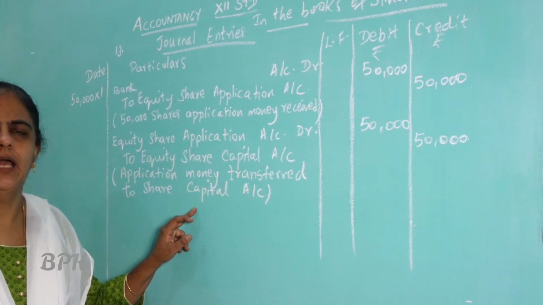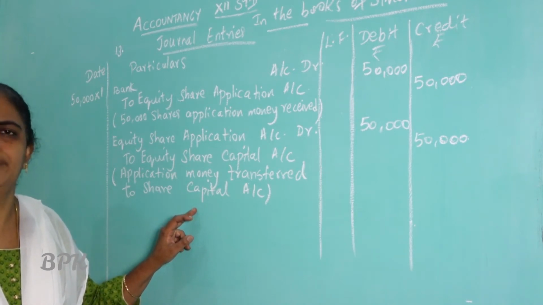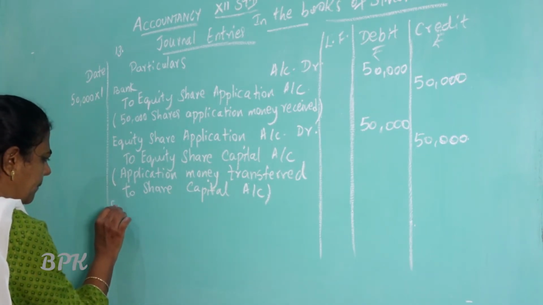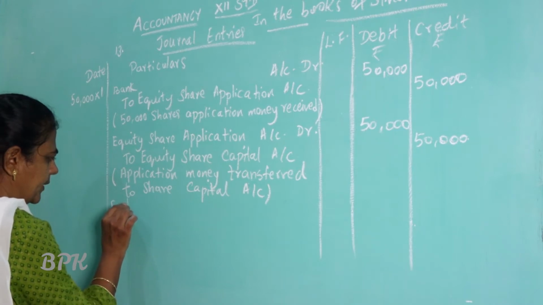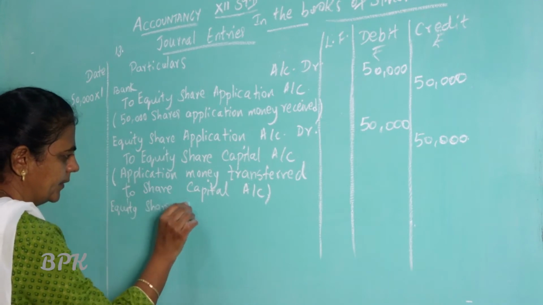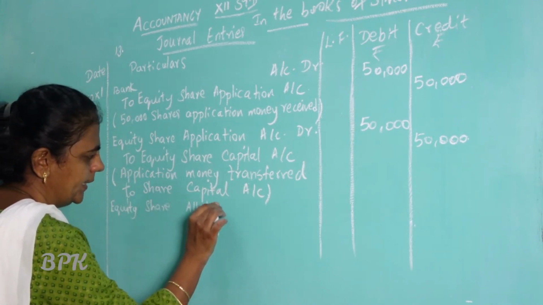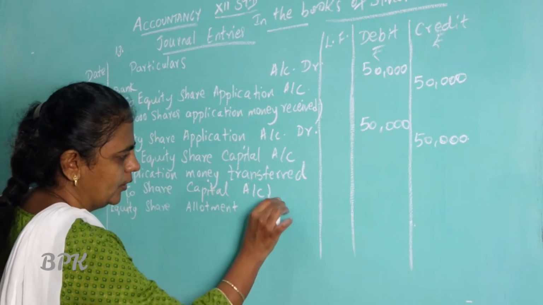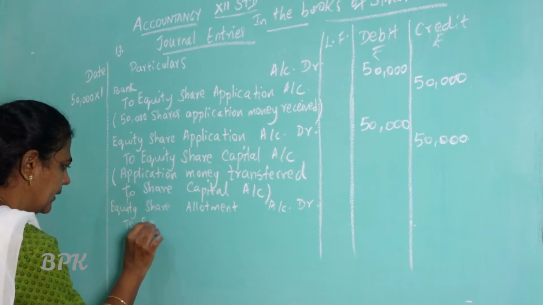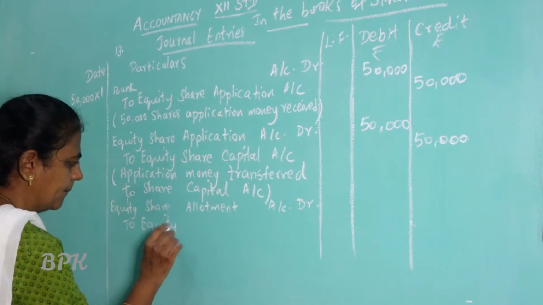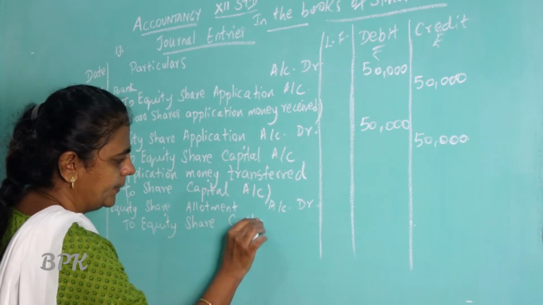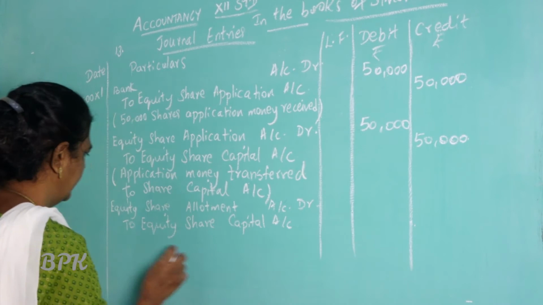What is the next entry? You have to write the allotment. You have to ask the shareholder to pay the allotment. So you write the due entry. Equity share allotment account debit to equity share capital account.